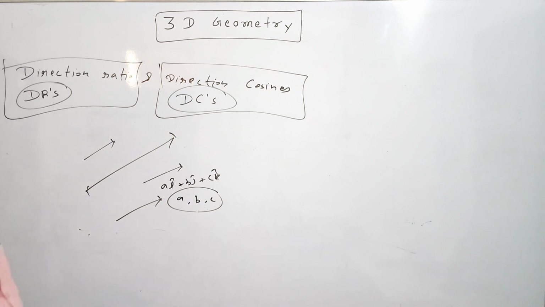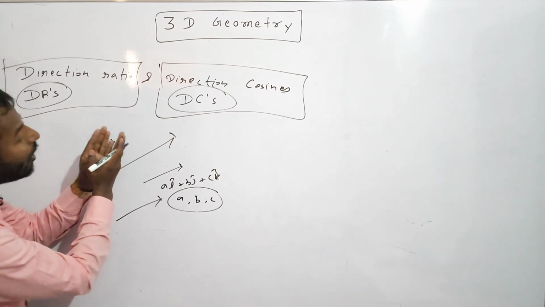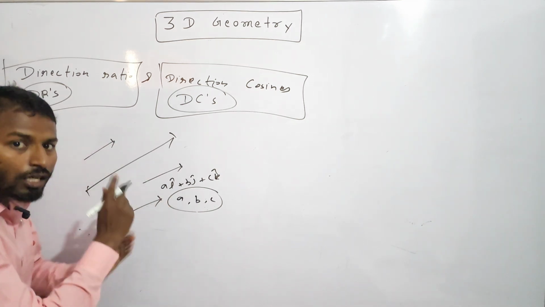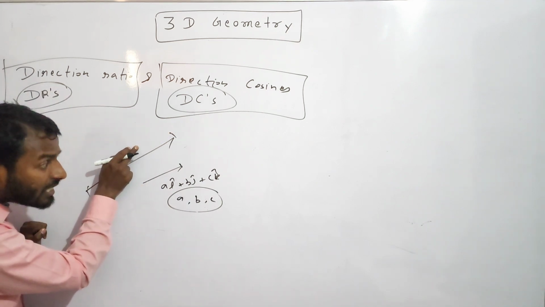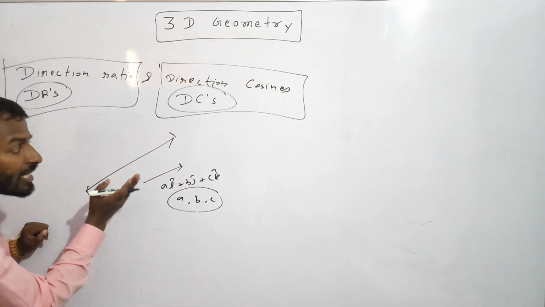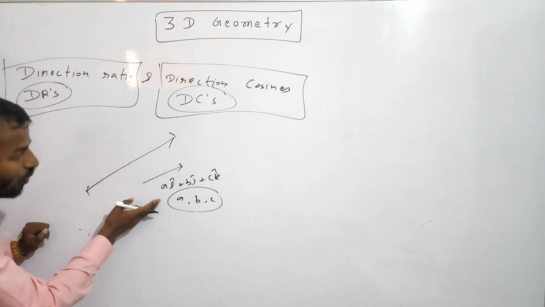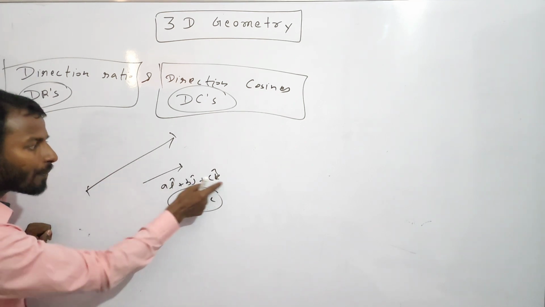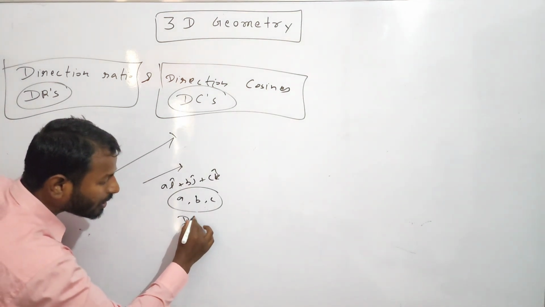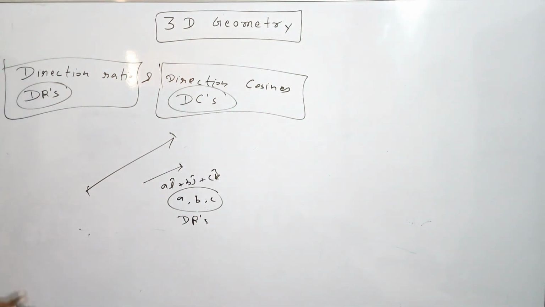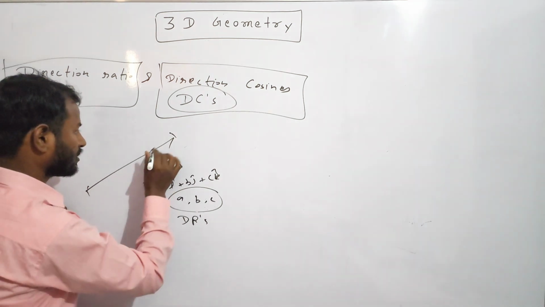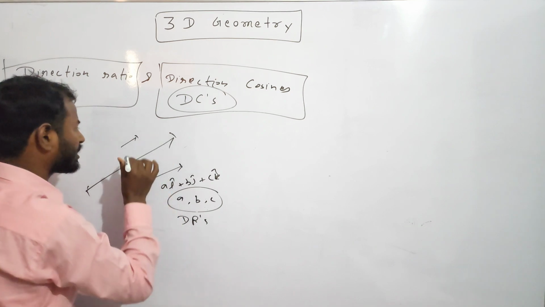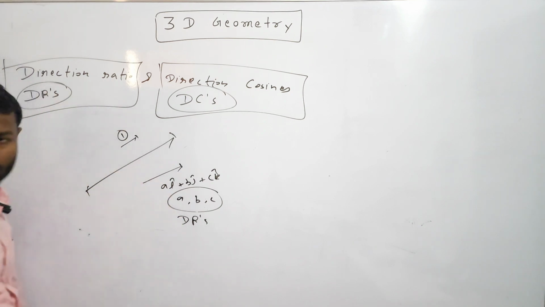And what is direction cosine? Same thing. A line's parallel vector as well as unit vector. If we take a parallel vector to this line, the coefficients of i cap, j cap, k cap are direction ratios. If we take a parallel vector but a unit vector, the magnitude must be 1.